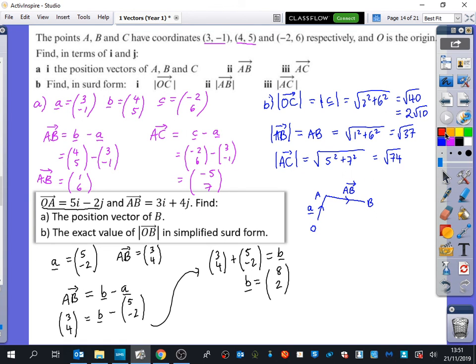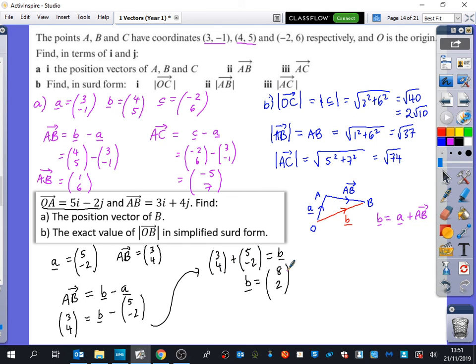The thing I'm trying to find out is the position vector of B. I'm trying to find out what B is. Using this triangle, what is B equal to? Yeah, to go from O to B, it's the same as going A plus AB. And look, this is what we've said. B is equal to A plus AB.